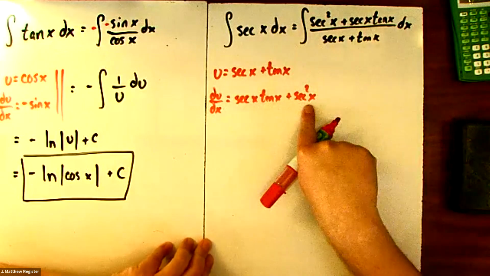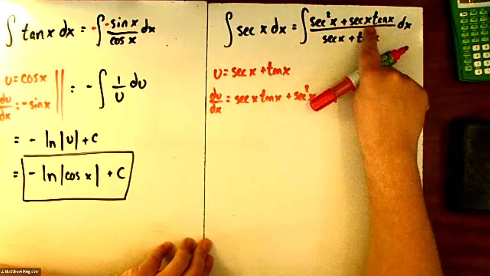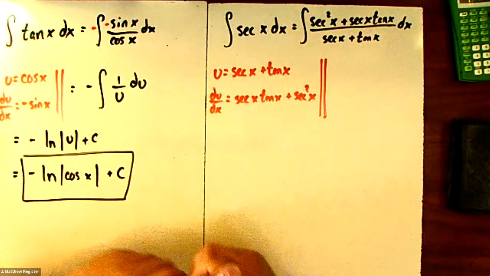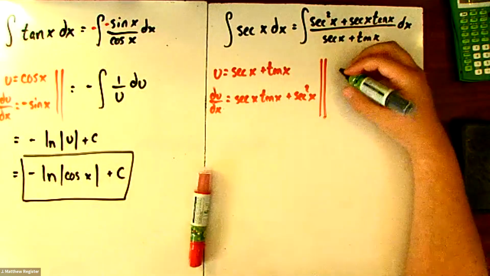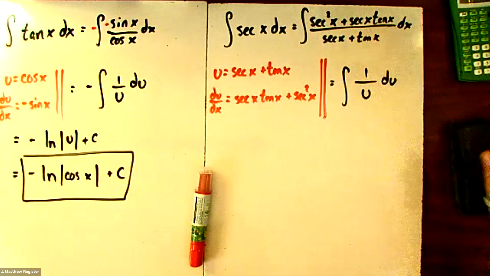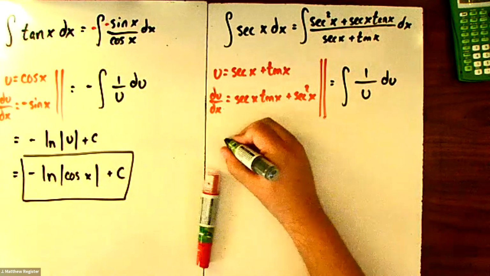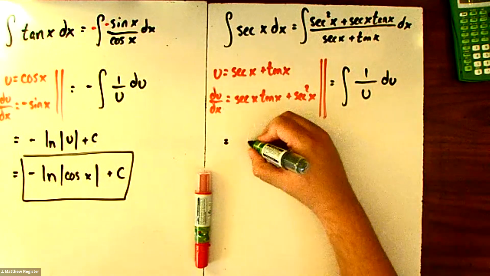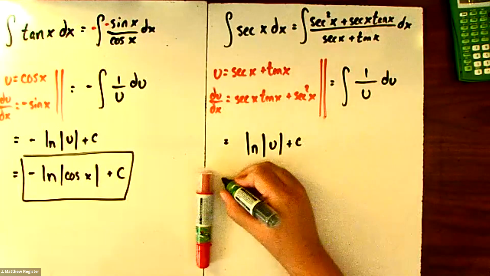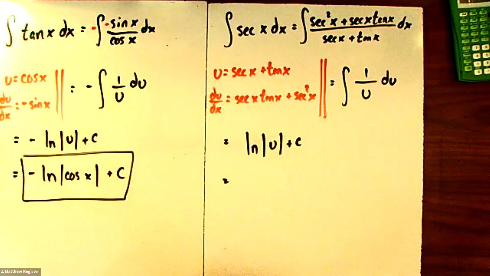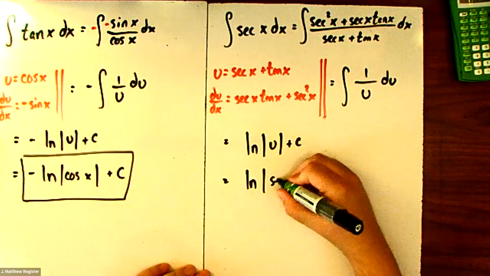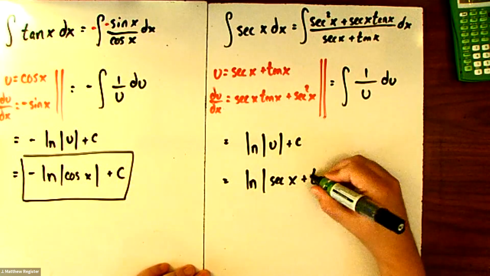And that secant x tan x plus secant squared x is precisely what you have in your numerator, which means that we can now rewrite this as the integral 1 over u du, which we know is going to give us a natural log, absolute value of u, and we can then plug our u back in. Natural log, absolute value, secant of x plus tangent of x.